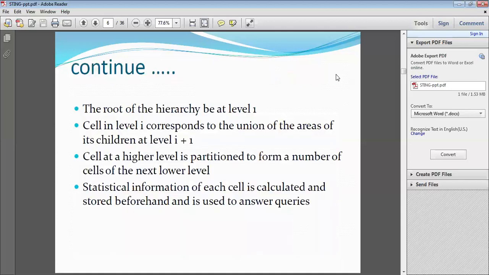This can be said as: we can calculate the values of the I minus 1th level grid with the help of the ith level grids which lie parallel to it. In simple words, a cell in level I corresponds to the union of the area of its children at level I plus 1.